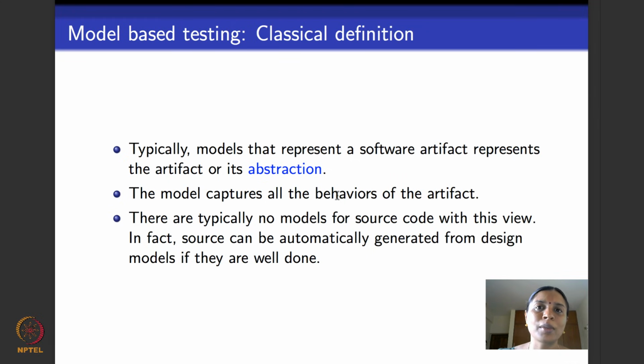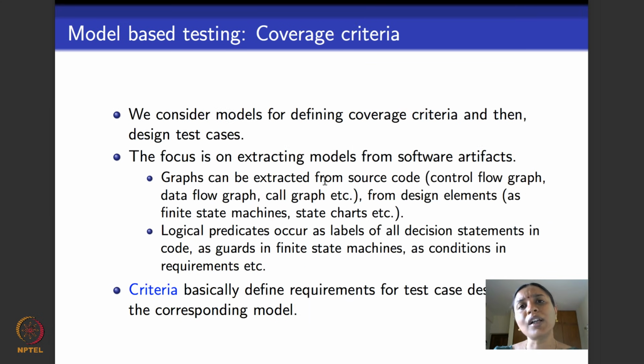So it's up to the user to ensure that he or she knows the modeling notation well and has modeled the software well enough to be able to design all the test cases. So we don't take the classical view of model checking in this particular course. We will view model-based testing for doing coverage criteria-based design in this course.